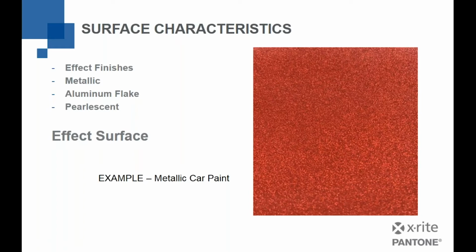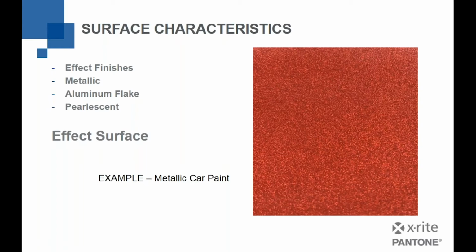And of course, if you think about an automobile or something that's got this kind of a finish on it, the color changes as we change our viewing angle. So here, the surface is not only, as in the other two, a lightness shift. We see it going from very light to very dark, depending upon the angle of light and so forth.